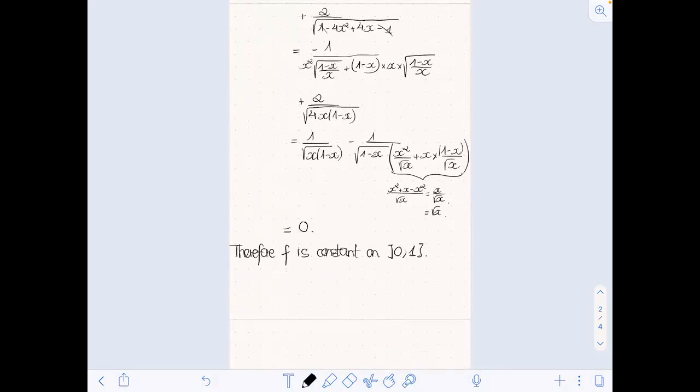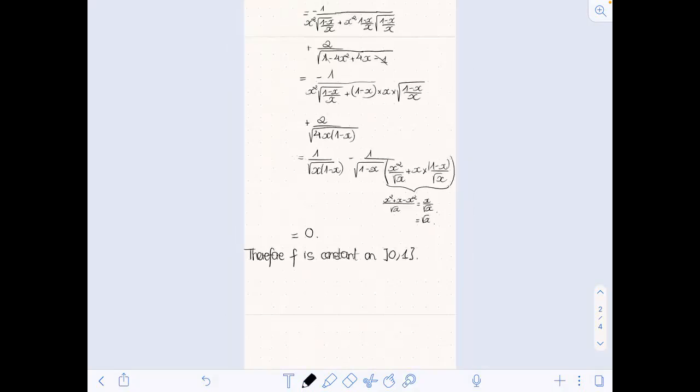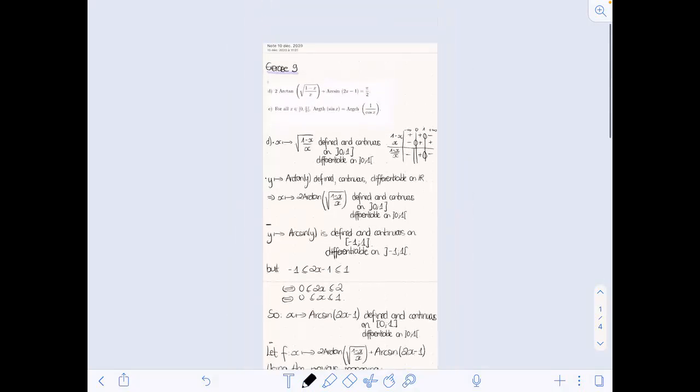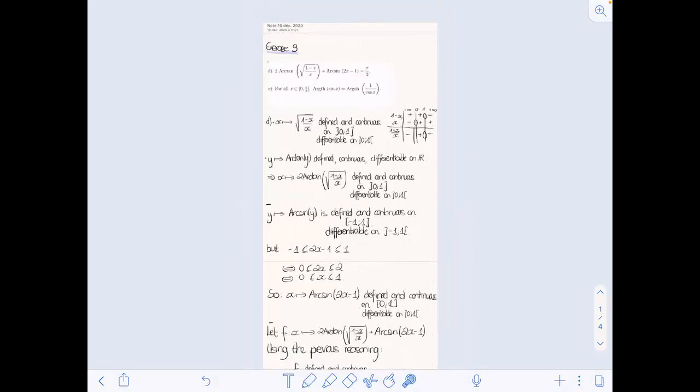And now what value do we know for the function? The 1 over 2 when x is equal to 1. Yeah, absolutely. We know that if we set x equal to 1 here, this goes to 0. And this should give us arcsine of 1, which is equal to pi over 2.